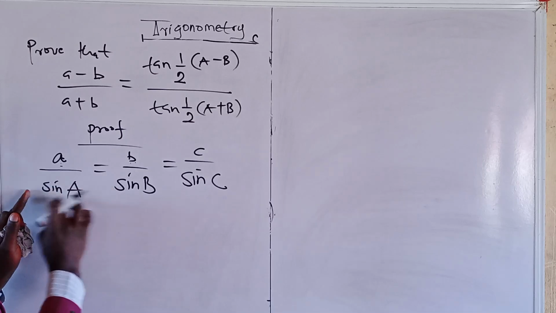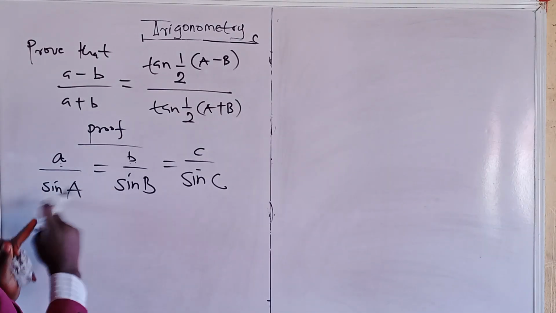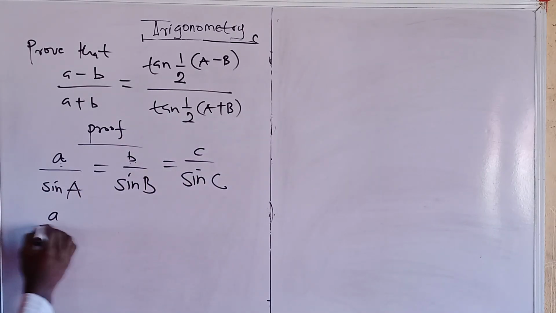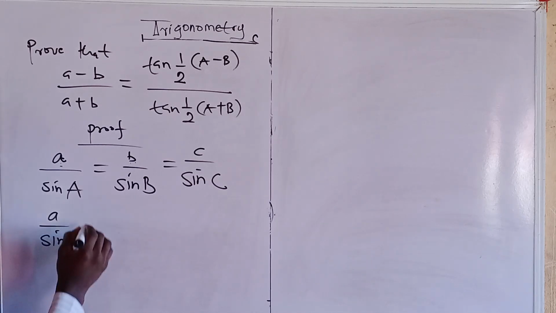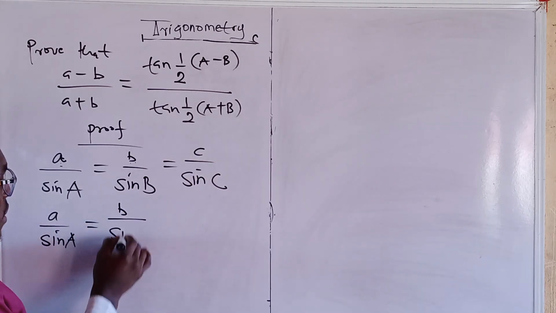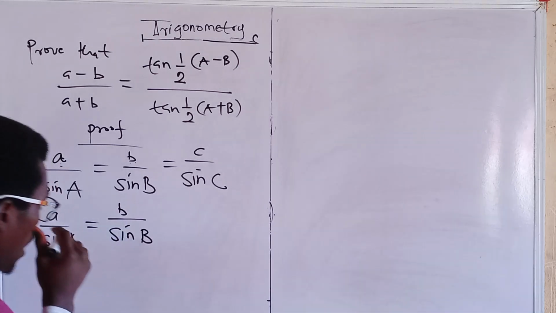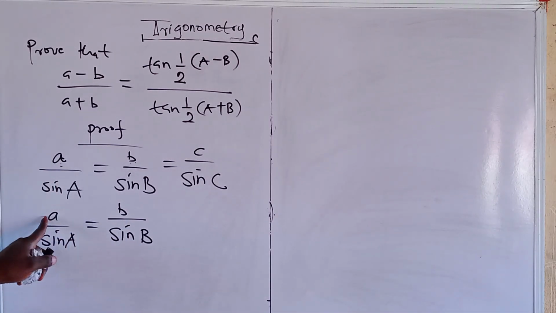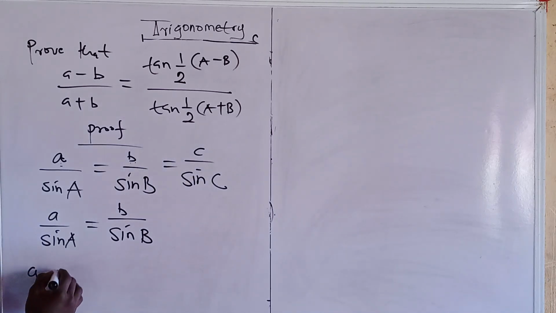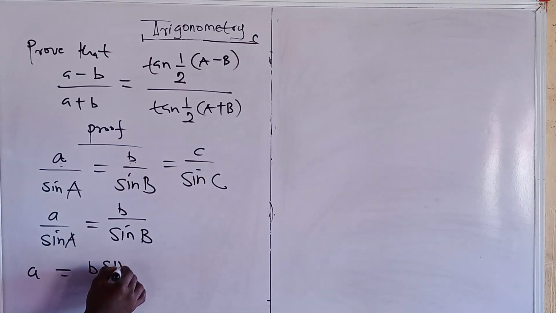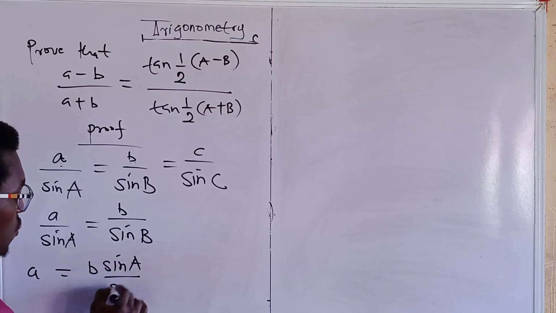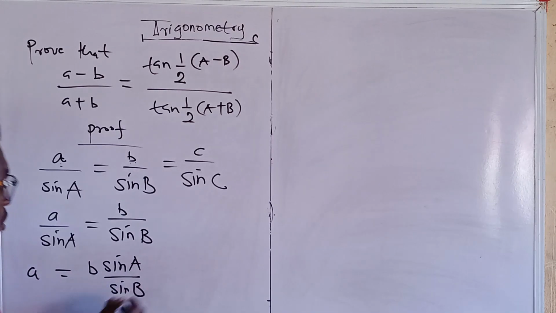So let's take this first equation separately. Now we shall have a over sine A equal to b over sine B. Can you see that? From whence we can make a the subject of the formula. So if we do that, we shall have a equal to b sine A over sine B. Can you see that?